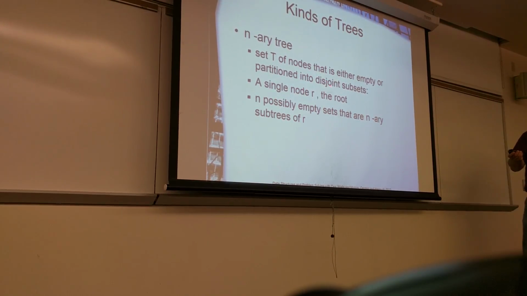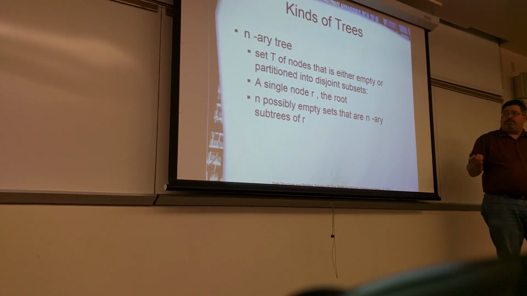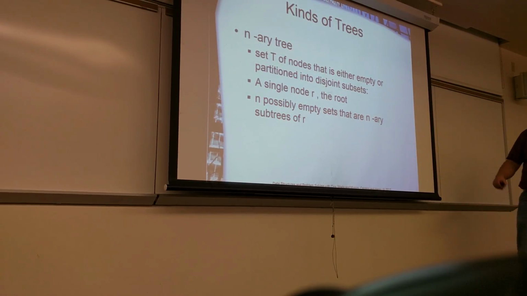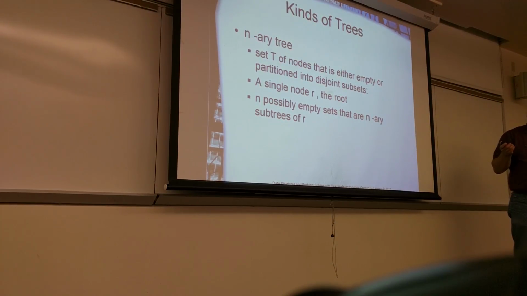An n-ary tree, n is meant to be like a number, but we'll say n-ary tree. An n-ary tree is a set T of nodes that is either empty or partitioned into subsets where you have a single node R and up to n subsets, or subtrees, of R. Again, this is a fancy way of saying that we have a root with at most n children.